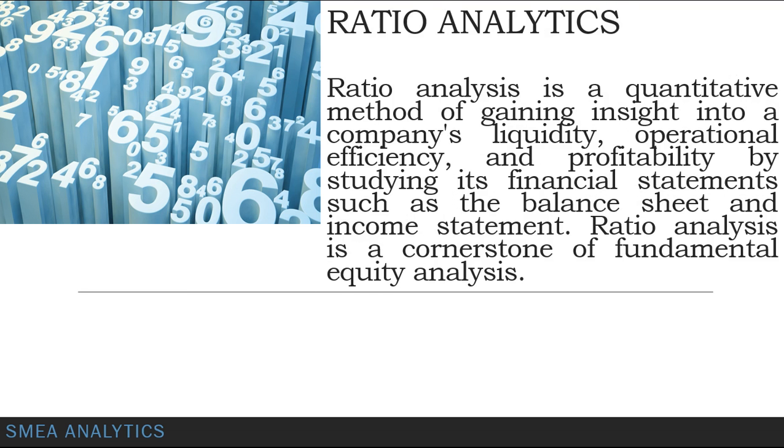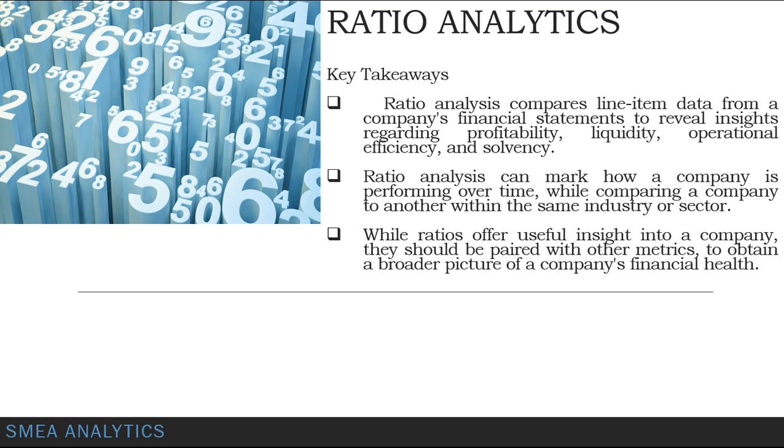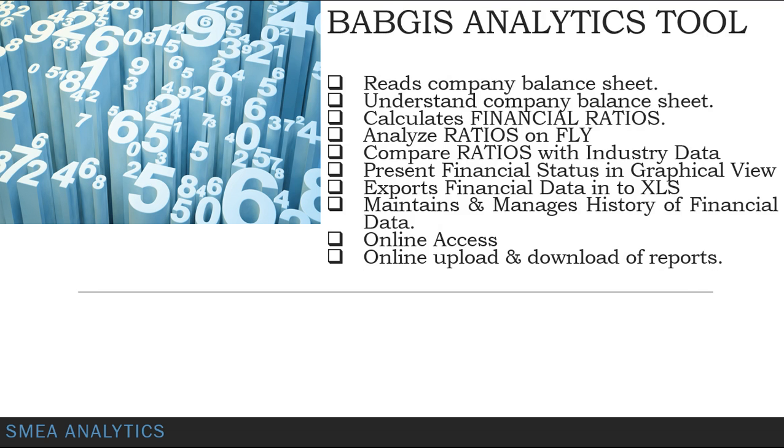So ratio analytics, everyone knows it's a proven thing. It's a proven system in business mathematics where you have a lot of ratios against each item in it. Again it compares data, it analyzes the mark, how the company is performing and stuff like that.